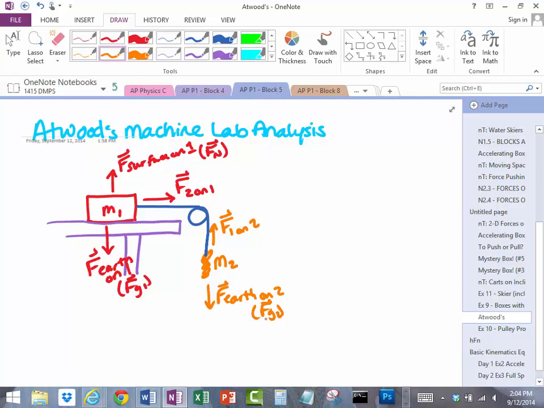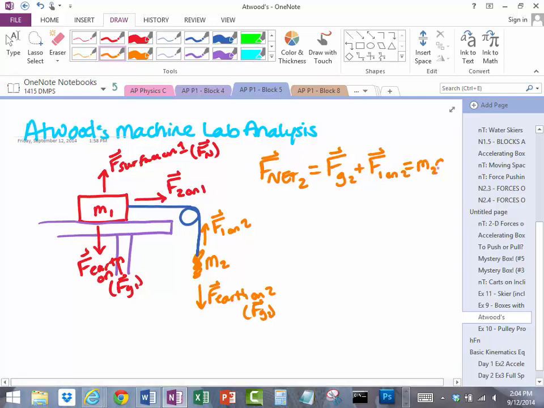So let's take a look. Let's do what we need to do. Net force on 2. So that's FG2 plus F1 on 2 is equal to M2 times the acceleration.